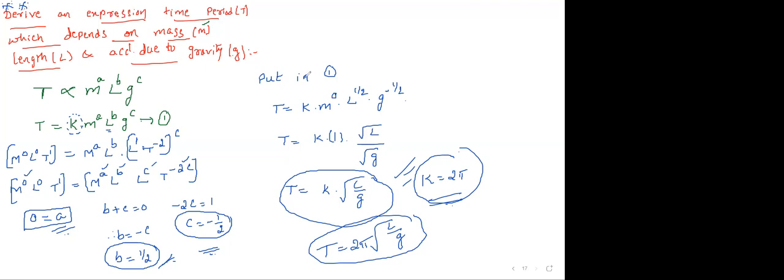So after analyzing this dimensional analysis, you came to know that there are some limitations here. What are the limitations of dimensional formula, students? Here we cannot determine the value of the constants.